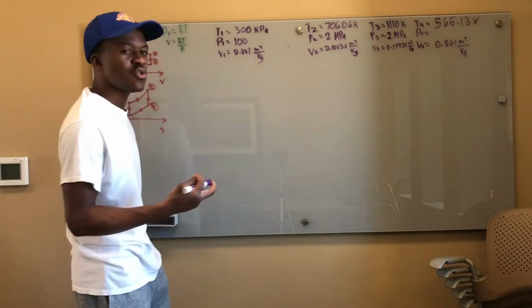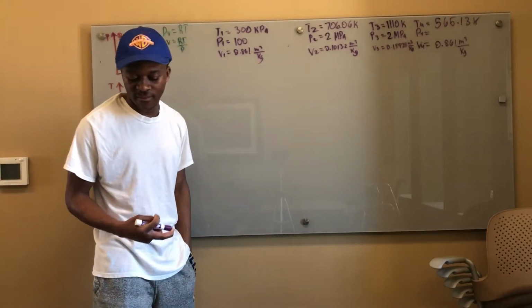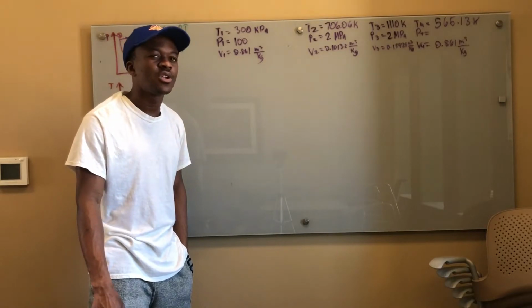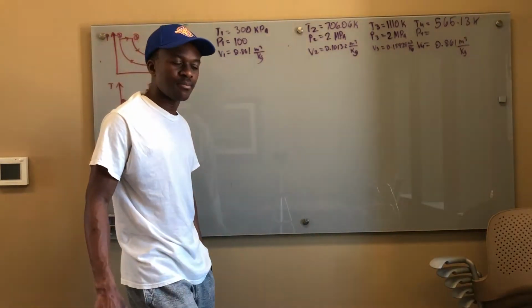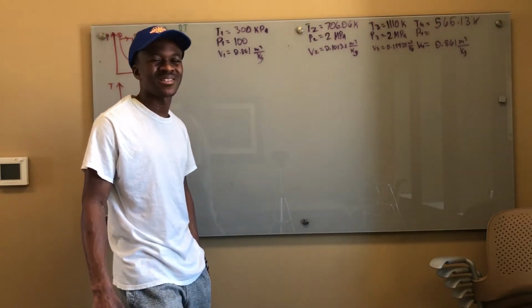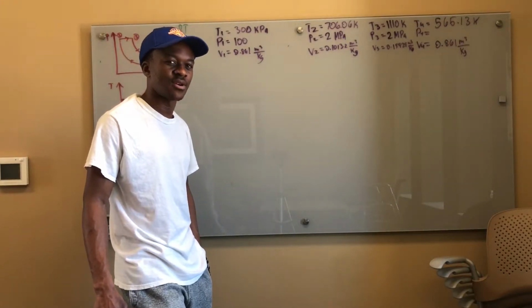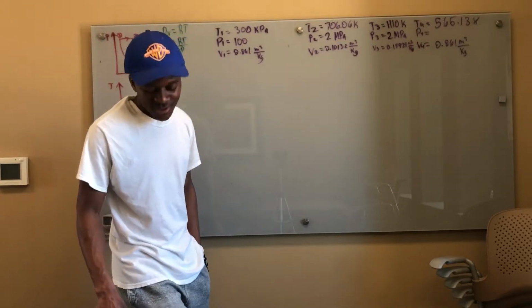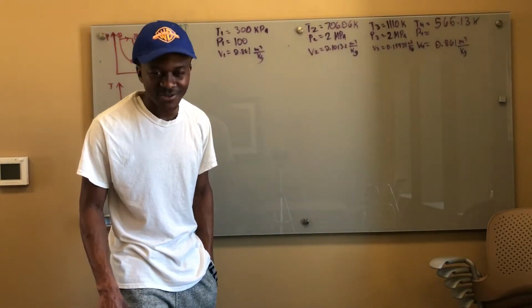So I know where my Q in and Q out are coming from. Really, all I have to find is Q in and Q out. You could go ahead and find work net, but it's a lot easier this way. I mean, yes, it's work net over Q in to get the thermal efficiency, but I feel like that's gonna be a whole lot more work. So just trust me on this, okay?